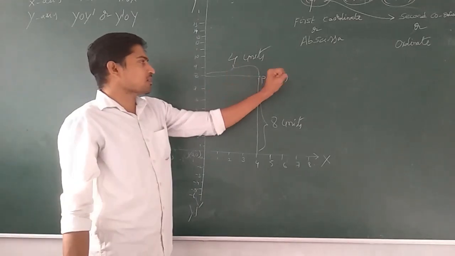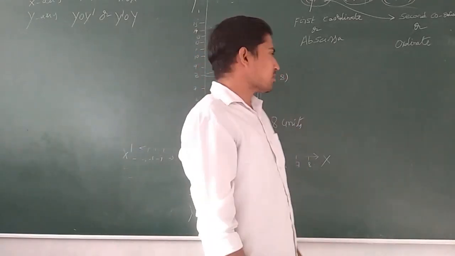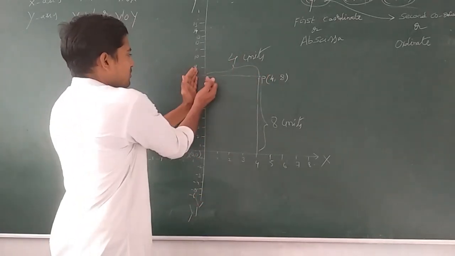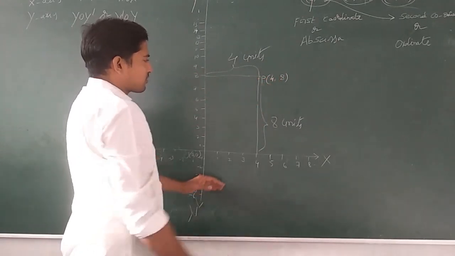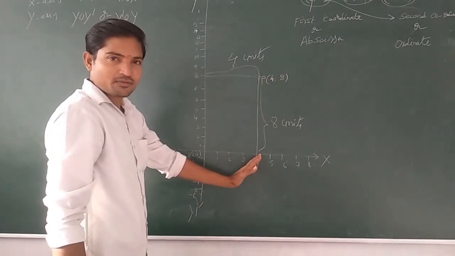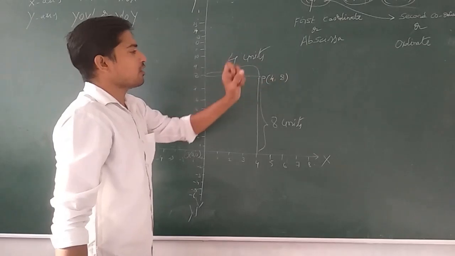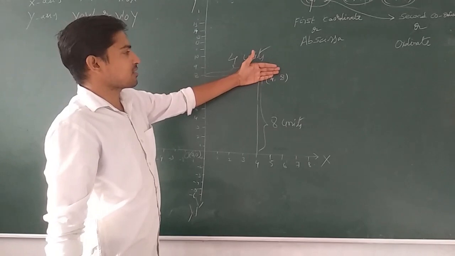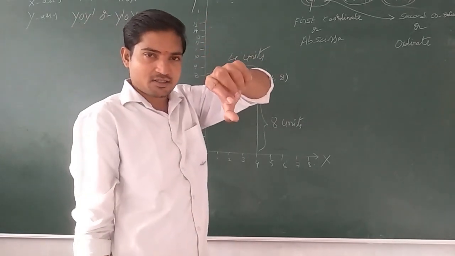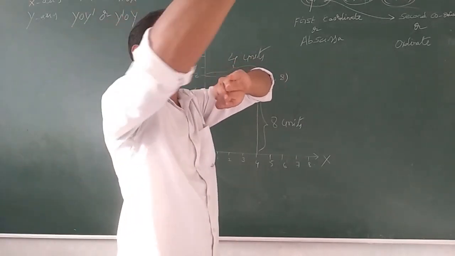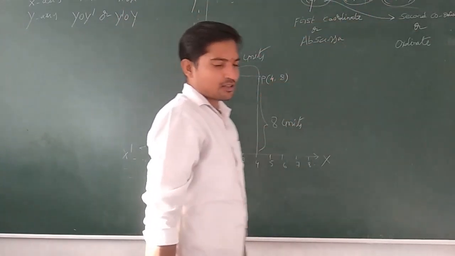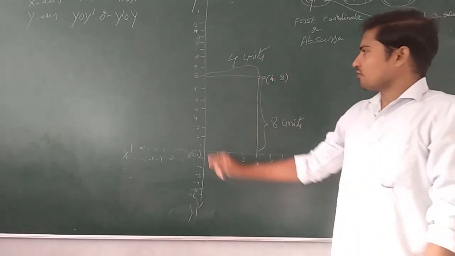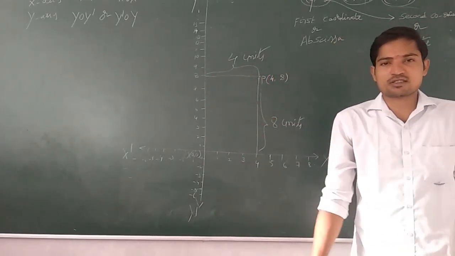The first coordinate indicates how many units distance from y-axis, 4 units distance. And the second coordinate indicates how many units distance the point is from x-axis. So from x-axis this is 8 units distance. From y-axis this is 4 units distance. Clear?